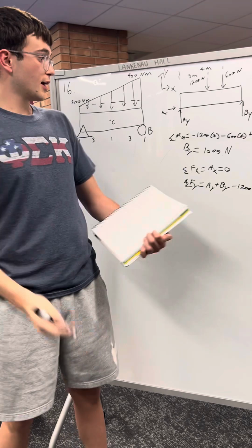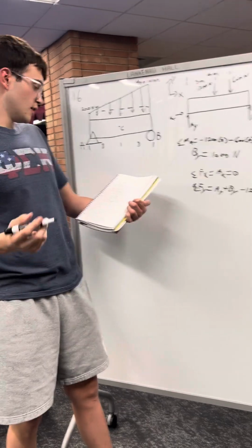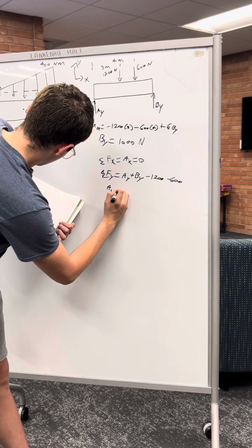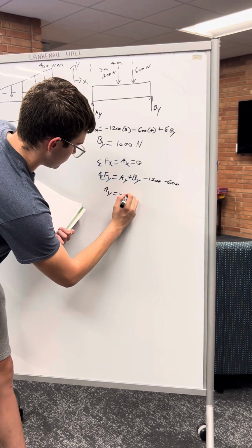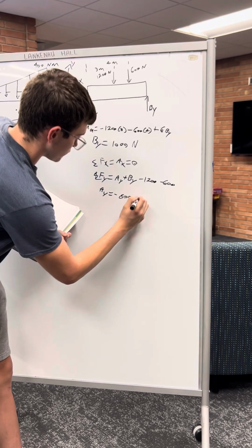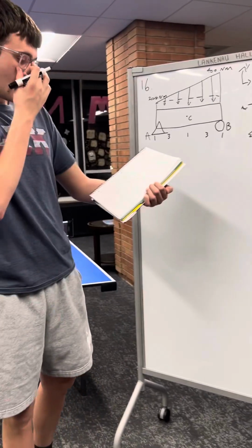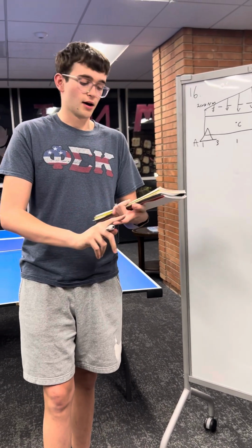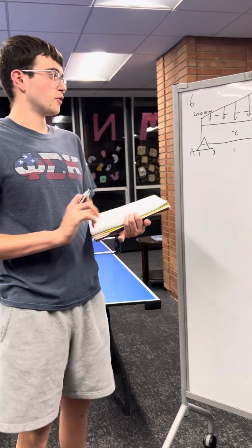We already have By because of our equation up here. So once you calculate Ay, you're going to end up getting negative 800 newtons, of course.